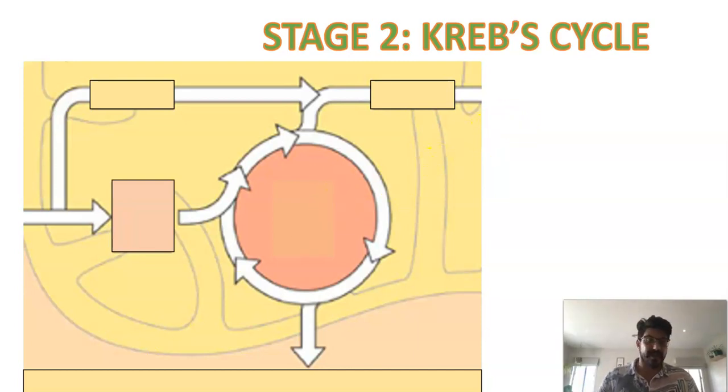Again, I describe it in the longer video, but the Krebs cycle happens in the mitochondrial matrix. Again, the soupy fluid solution inside the mitochondria.